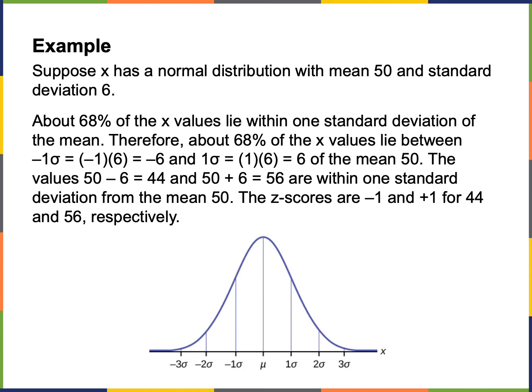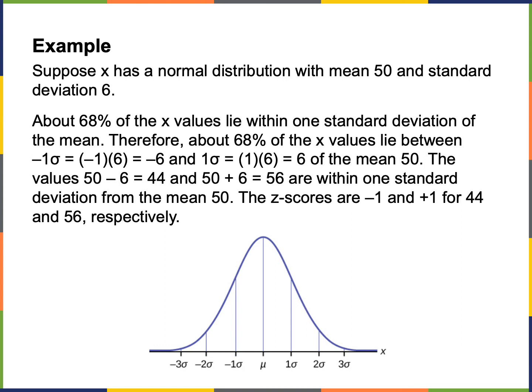So what is 1 standard deviation of the mean? If our mean here is 50, that's right here, 50, that's our mean. In this particular case, our standard deviation is 6. So we add 6 and we subtract 6, okay? If you add 6, you get 56, the upper limit.